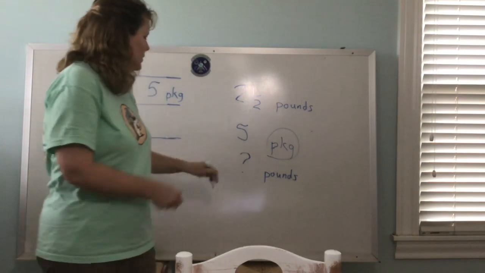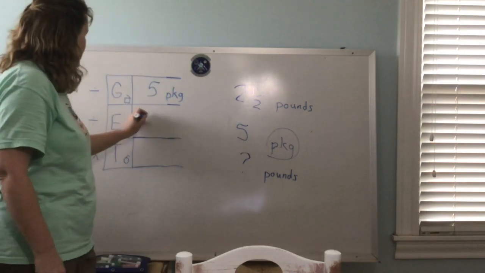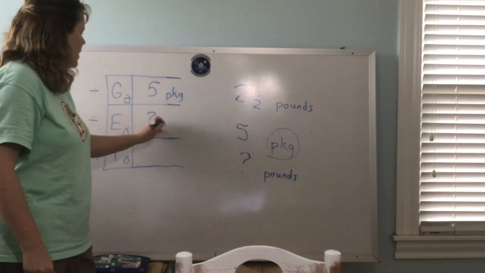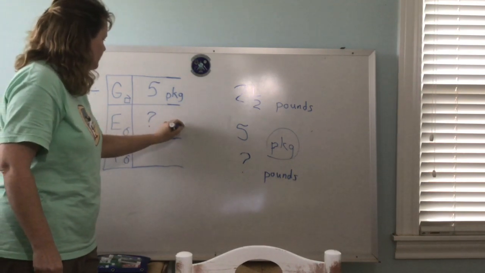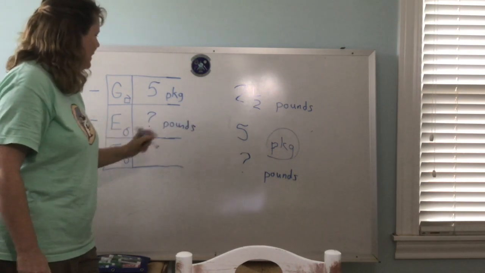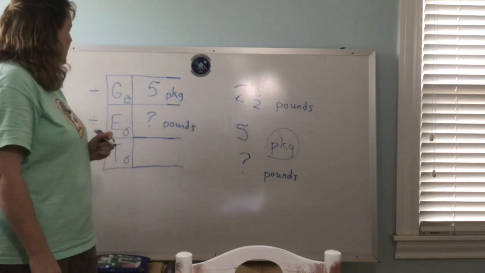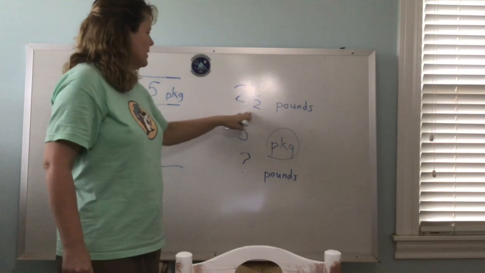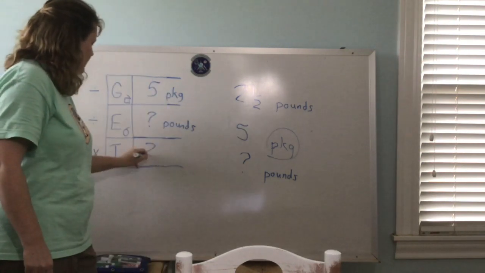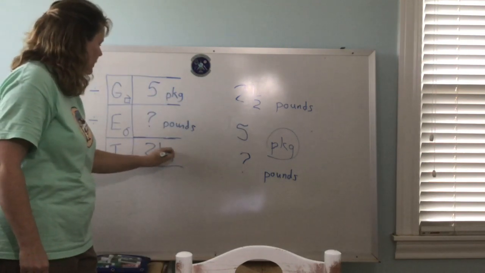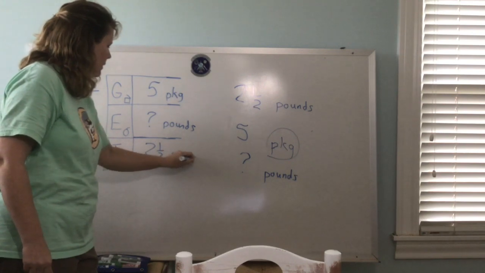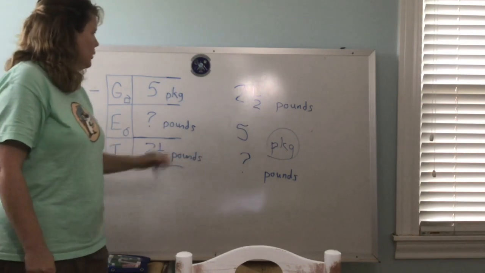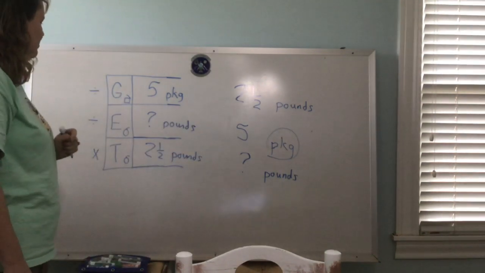It was in the question, so we have to take our question mark and put it on the E of our get board. How many pounds in each bag of cinnamon? Then that means that our last number is going to have to go down here. Okay, we had a total of 2.5 pounds of cinnamon.